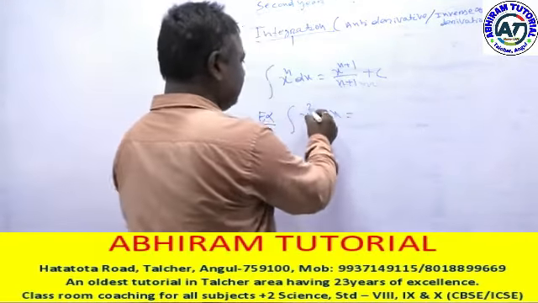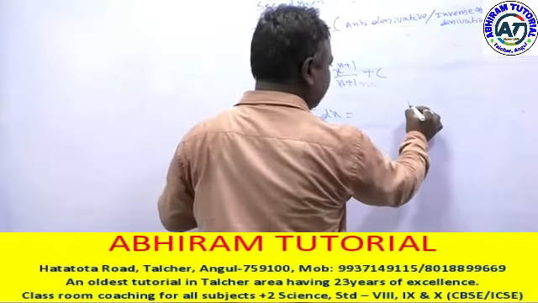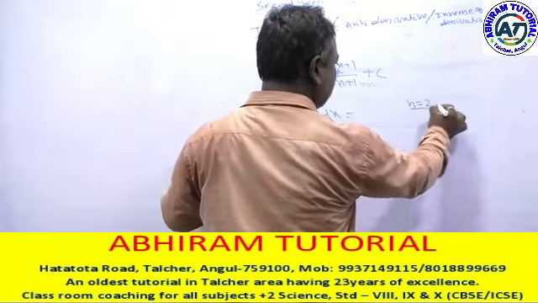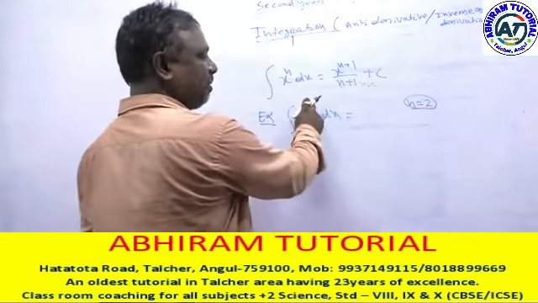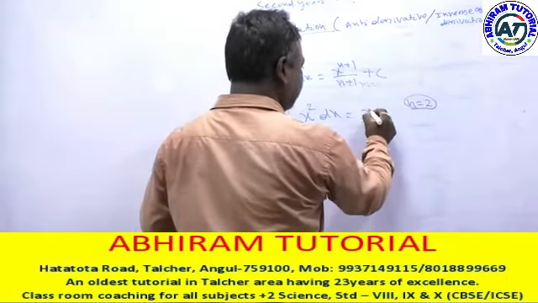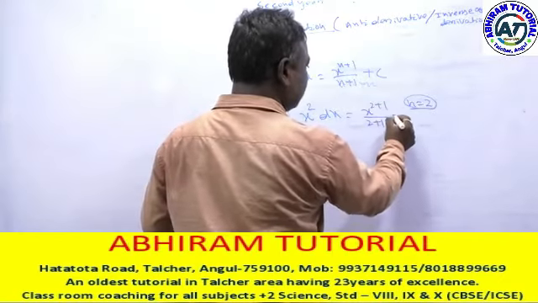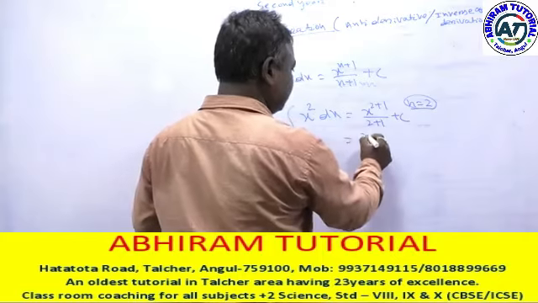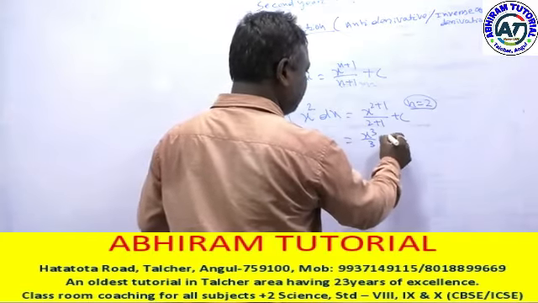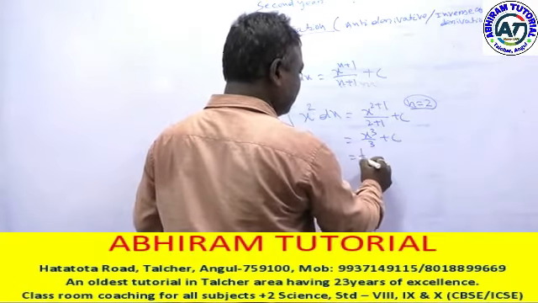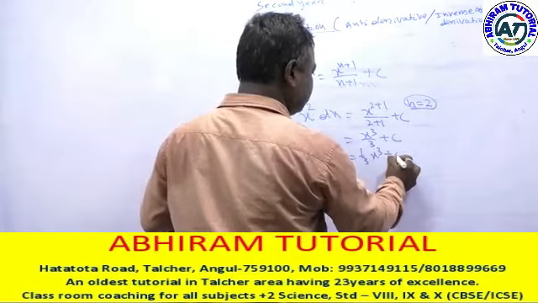Here in place of n, n is 2, because x to the power is 2, so we can write x to the power 2 plus 1 divided by 2 plus 1 plus c, that is x cube by 3 plus c, that is 1 by 3 x cube plus c.